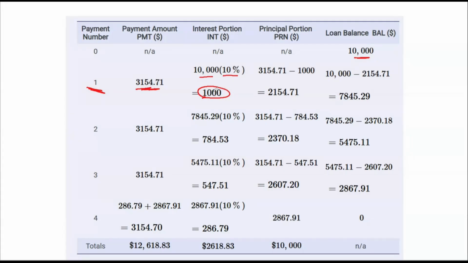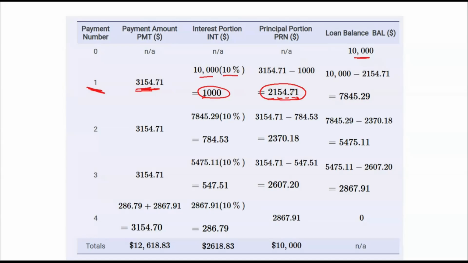So in reality, you only pay $2,154.71 towards the principal portion, the $10,000 that you borrowed. See? So out of the $3,154.71 you pay for that first year, 1,000 was interest. The rest is what you paid off towards the real loan, right? See?